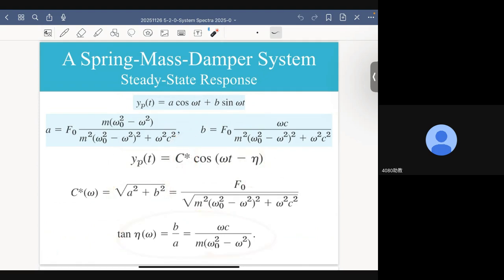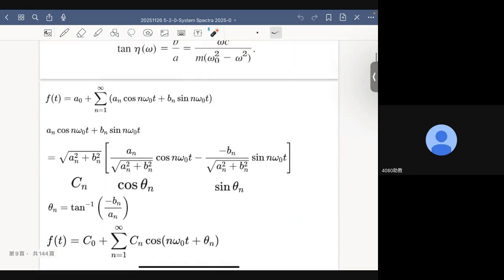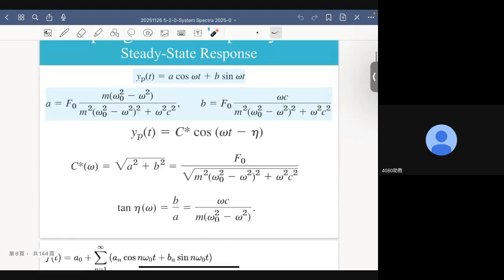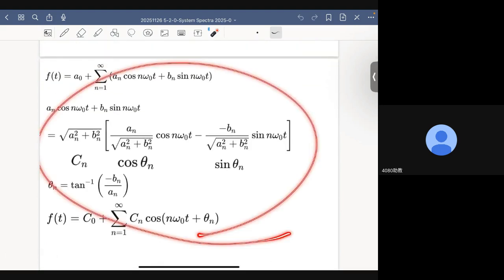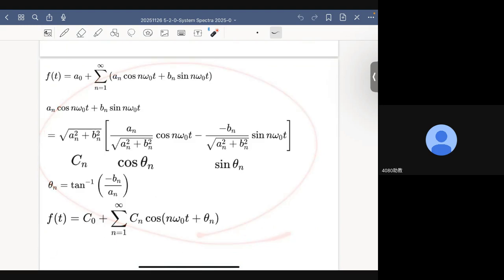I will not go through the mathematical details here because we have done that before. The mathematical technique of how we go from here to here is all given in this page, all right?